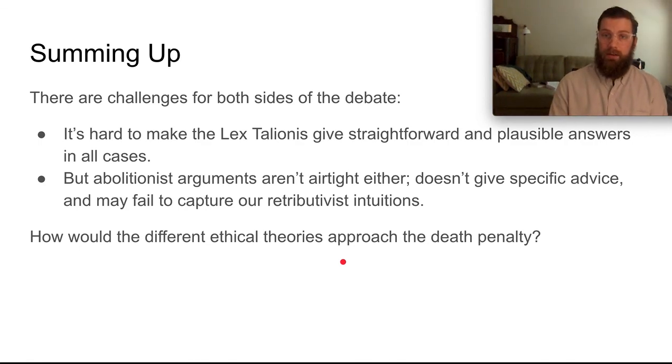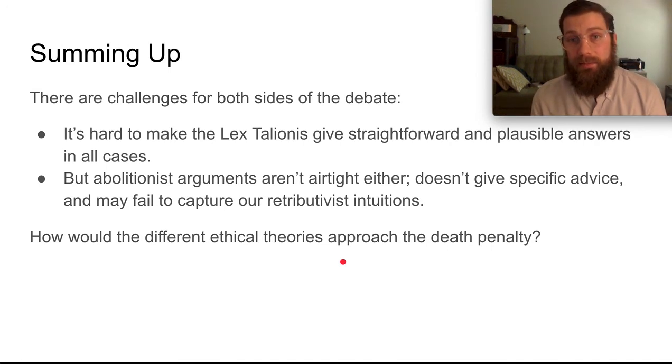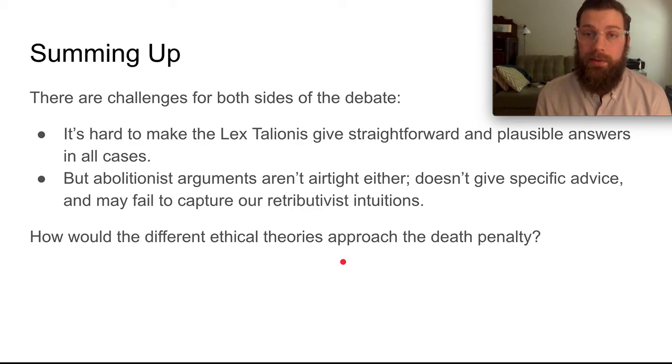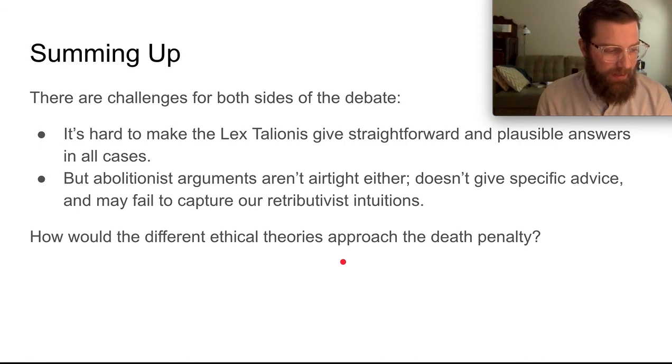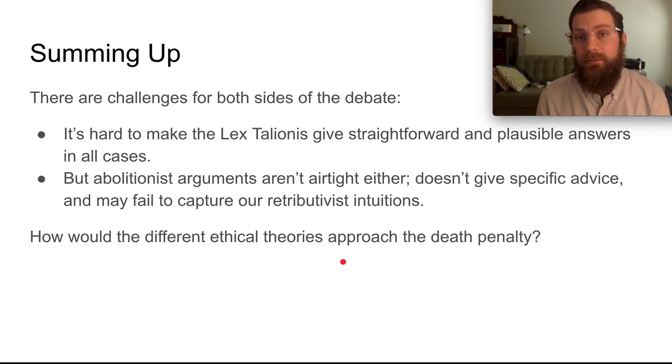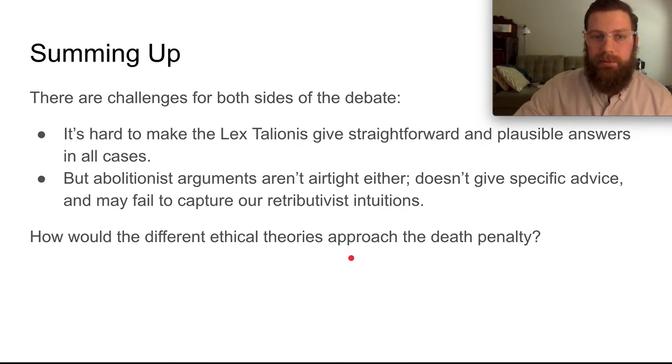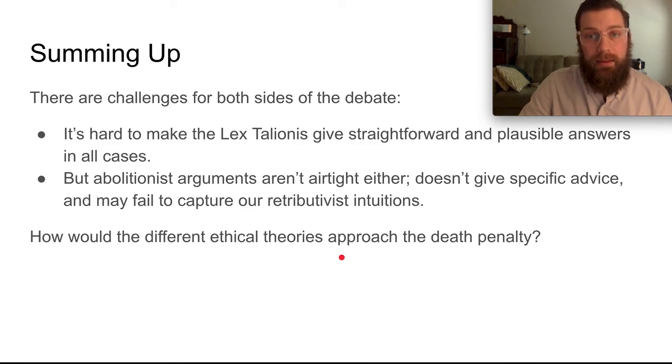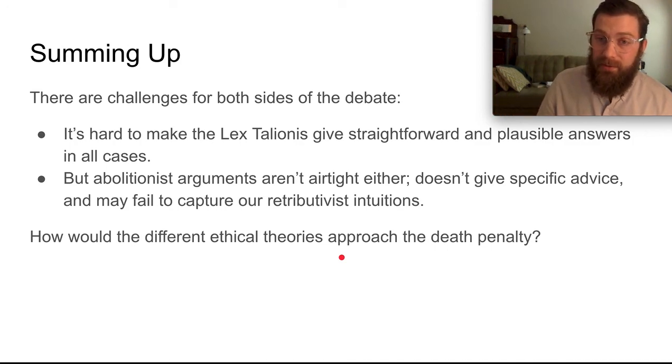They might also look to information about the lack of deterrence that the death penalty has compared to other methods, and also that it's costly and that it brings more suffering into the world. Or you could think about virtue ethics, right? So virtue ethics tells us that an agent is required to do what all virtuous agents would do. And we might wonder, is it possible for a virtuous agent acting in character to put a wrongdoer to death, even in cases when they don't have to? So those would be some things for you to think about.